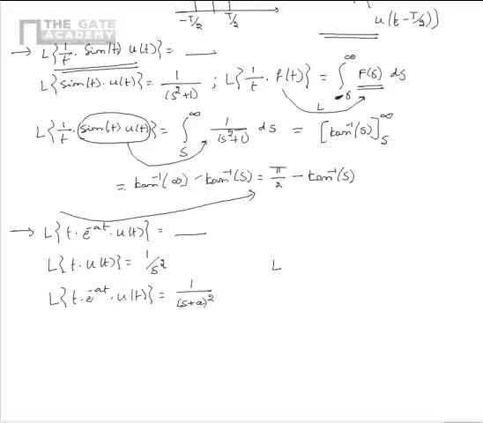This is based on the property that Laplace transform of e power minus at f of t is equal to F of s plus a, where F of s is the Laplace transform of f of t, and also please note that f of t is one-sided function. So from this we say that Laplace transform of t into e power minus at u of t is equal to 1 by s plus a whole square.